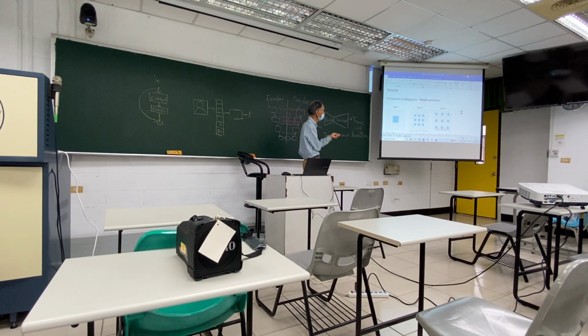Now, if the dilation rate is 2, it means we insert one empty pixel between the columns and the rows. So now the original filter size of 3 by 3 has been extended to what? 1, 2, 3, 4, 5. If you consider this one, then it might be 6.